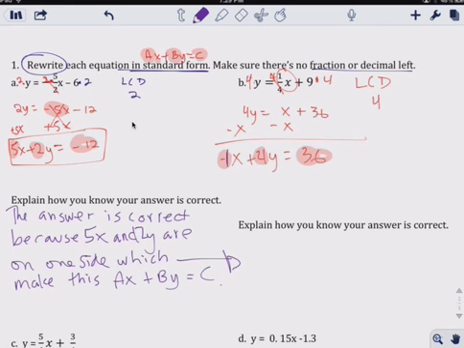This should go here also, guys. Same thing, okay?